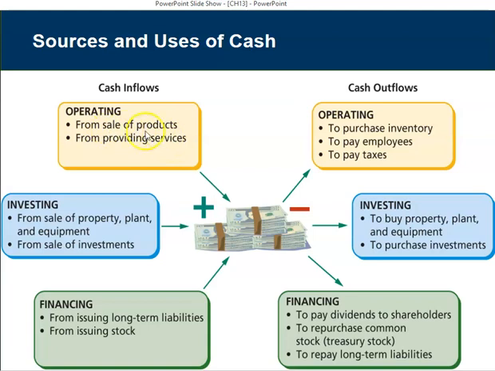When we talk about sale of products, it doesn't matter if we're manufacturing those as a manufacturer who then wholesales them, whether we're talking about a middleman or a retailer. And then operating outflows: purchasing that inventory, paying employees, paying taxes, any of our normal operating expenses that we're going to ultimately pay in cash.